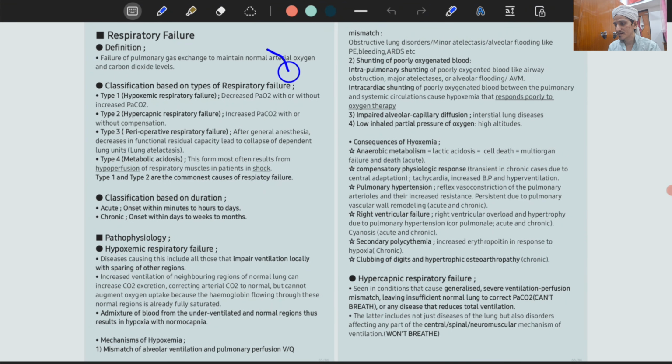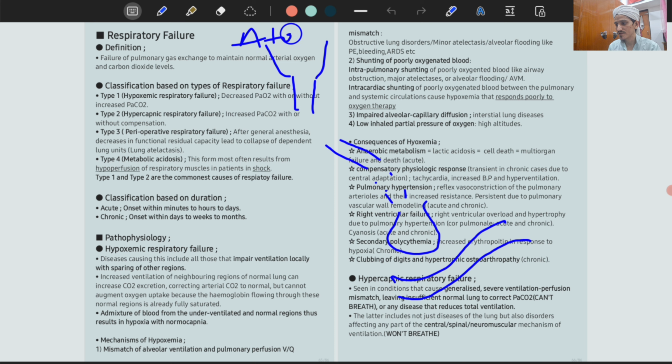So if this is the large airway, the upper airway, and if this is the alveoli, and this is the interstitium, and this is the artery, and this is the atmosphere.